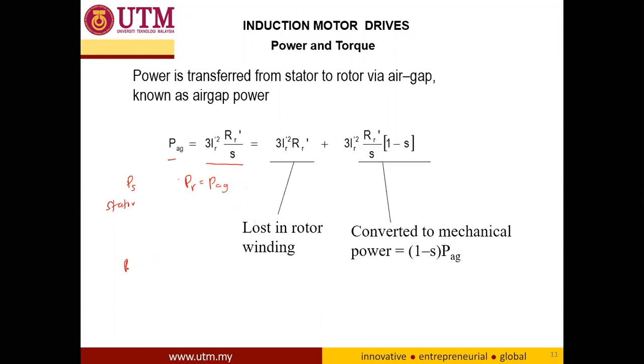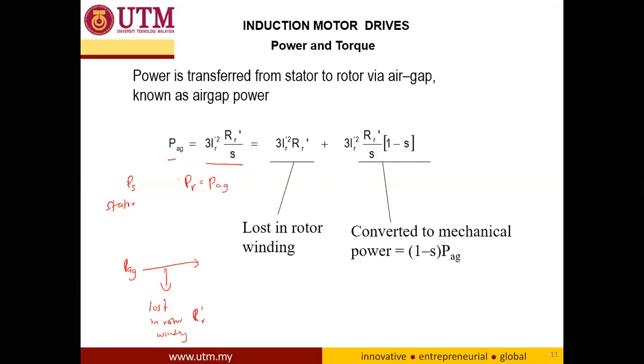In this air gap power, we have losses, which we call the loss in the rotor winding. This is due to the rotor internal resistance.